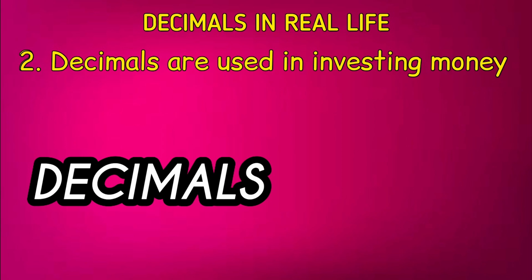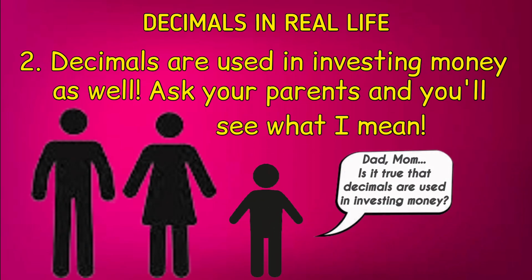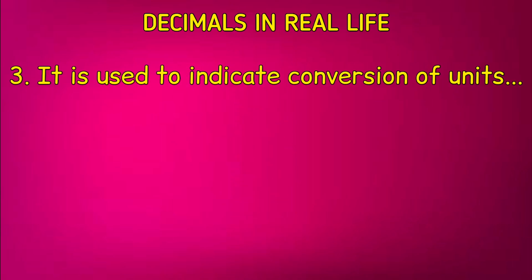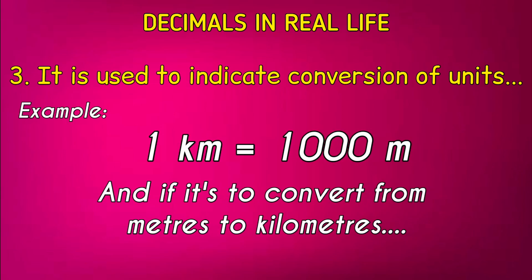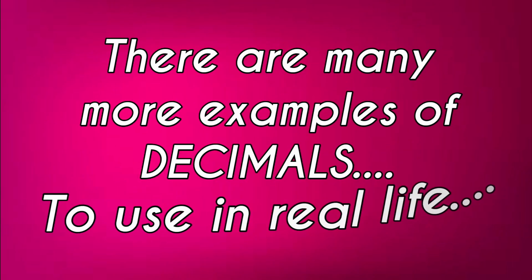Decimals are used in investing money as well. Ask your parents to see what I mean. Point number 3. It is used to indicate conversion of units. Example, 1 kilometer is equal to 1000 meters, and if we convert meters to kilometers, 900 meters is equal to 0.9 kilometers. See what I mean? There are many more examples of decimals used in real life.